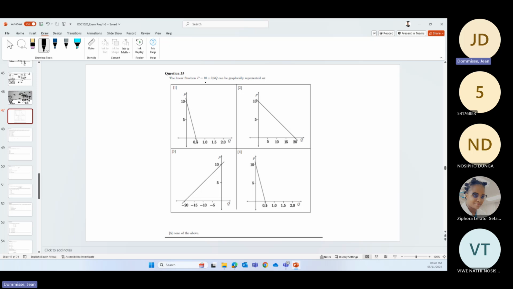So firstly, I will look at what's the Y cutoff. So I'm like, okay, 10, that works, that works, that works, that works. Okay, that's not great. So I could not, by looking at 10, eliminate any of the answers.